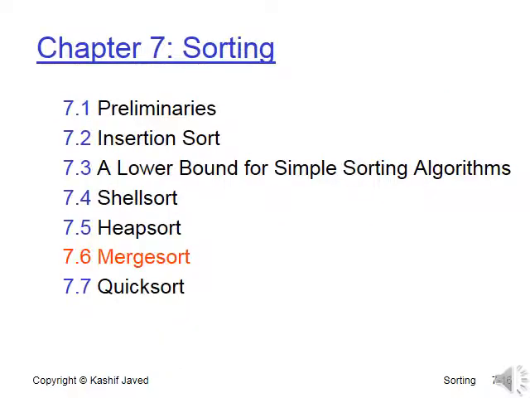Our next discussion is on Mergesort and Quicksort, which are fundamentally divide and conquer sorting techniques. The rationale for Mergesort is to recursively sort the left half, recursively sort the right half, then merge the two sorted halves.